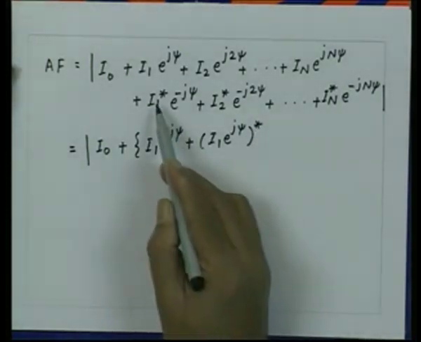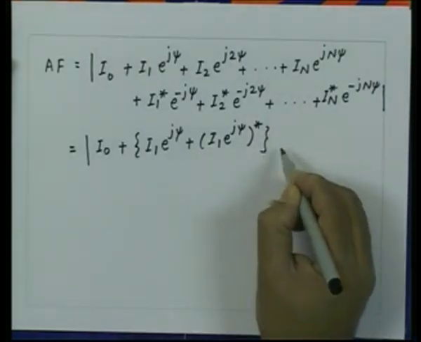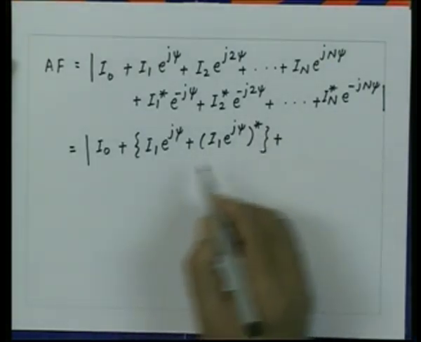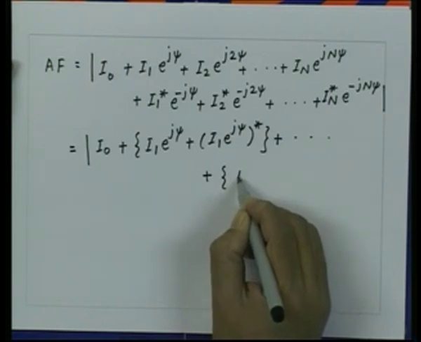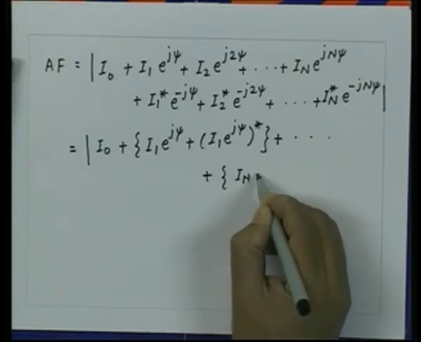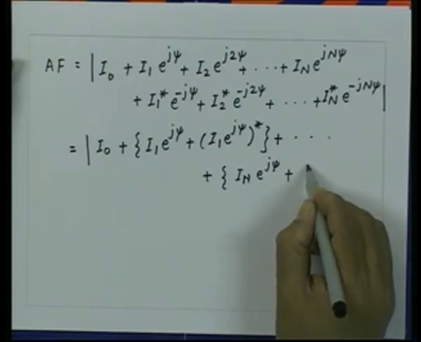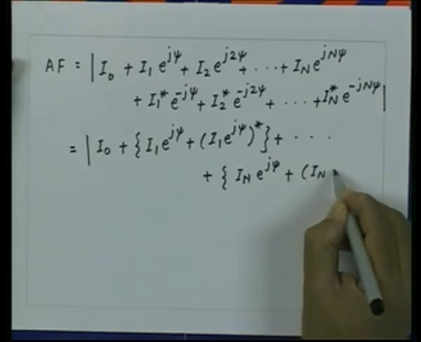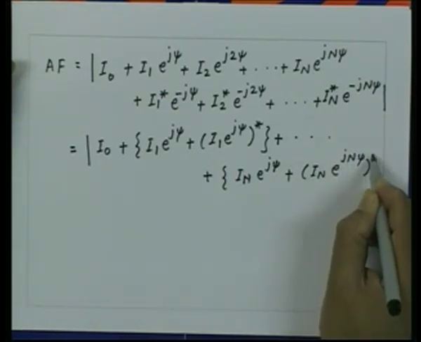This gives me I1 conjugate e to the power minus j psi, plus so on, and the last term would correspond to In e to the power j n psi plus In e to the power j n psi conjugate.